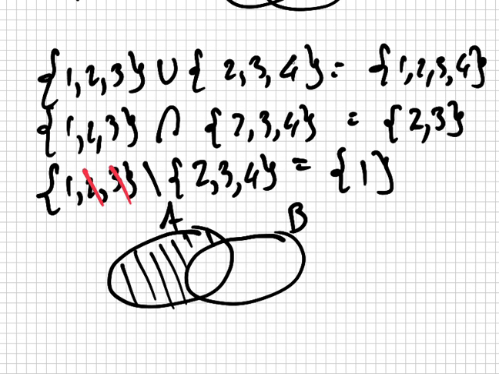It's almost B prime, and it would be B prime if there was nothing outside A and B. What about 4? 4 is not in the first one, so it has no effect. So it will not be shaded.